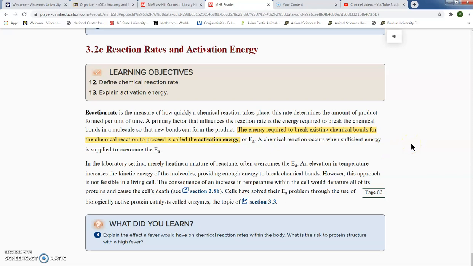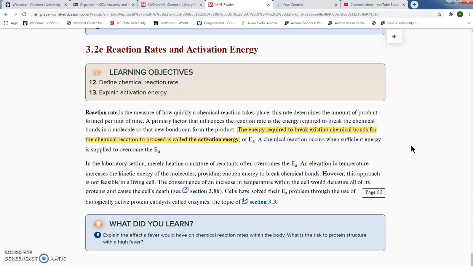So a lot of times, if you're working in the laboratory setting, you would just heat something up. If you heat something up, that is going to cause all those molecules or atoms to move a lot faster and bump into each other, and then that could provide the sufficient energy to overcome the activation energy, and you can get a breaking of the bonds. But we can't do that in the human body.